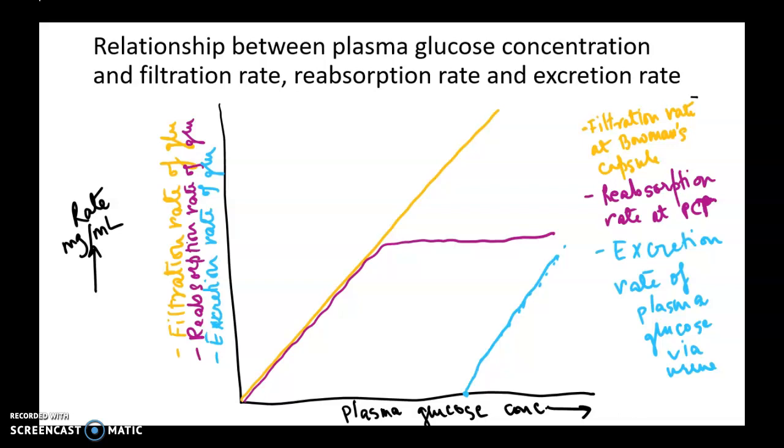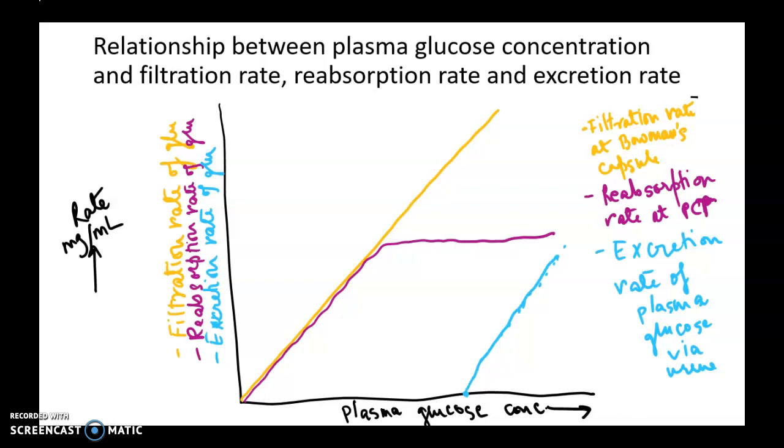Now, I want to talk about something first. In which part of the nephron will we have filtration of glucose? At the glomerulus, right? Glomerulus is a site for filtration. And remember, in the glomerulus, things get filtered out non-specifically. Whatever fits through the pores, whatever fits through the fenestrated capillaries, they can come out.